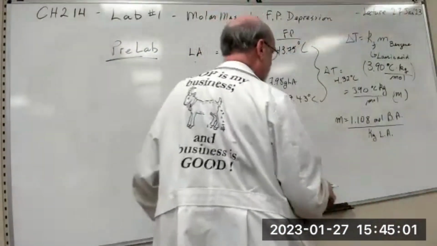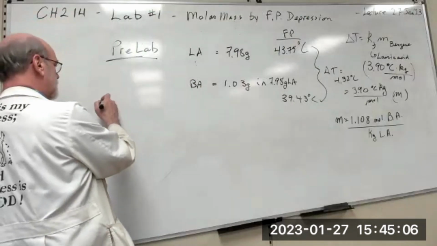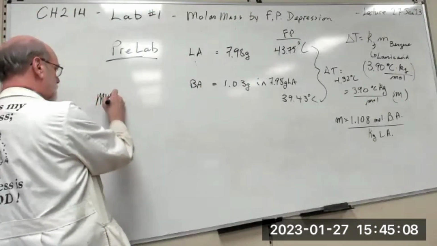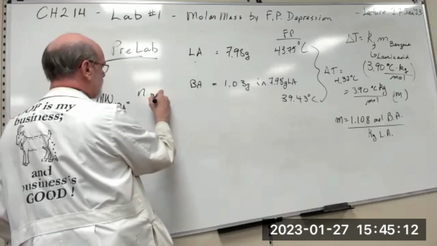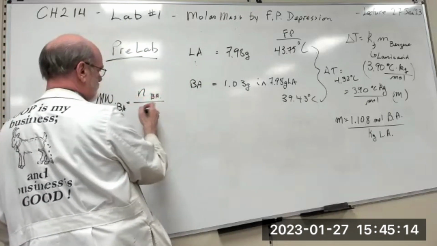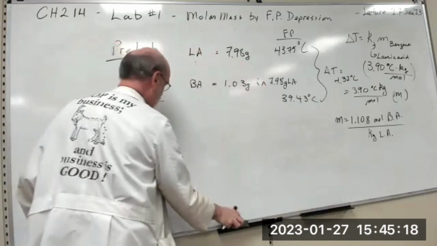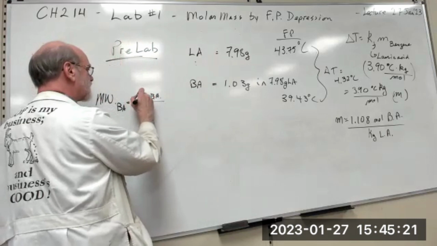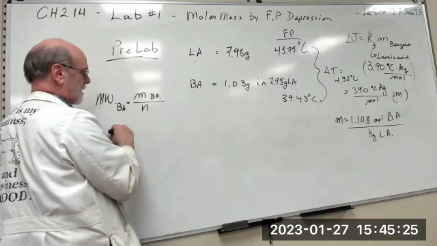So if we're going to calculate the molar mass of benzoic acid, what do we need? Molecular weight of benzoic acid equals mass of benzoic acid per mole, grams per mole.